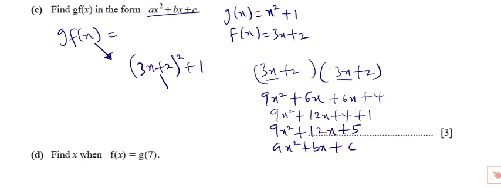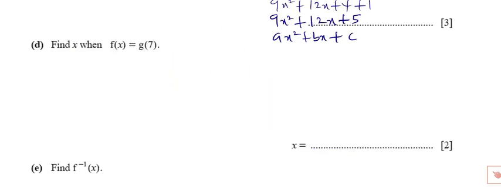Now from there, if I compare the two quadratic equations, the quadratic terms, we can see that a is 9 here and b is plus 12, and our constant is c. All right, I hope that's clear. So let's move on to the next question.